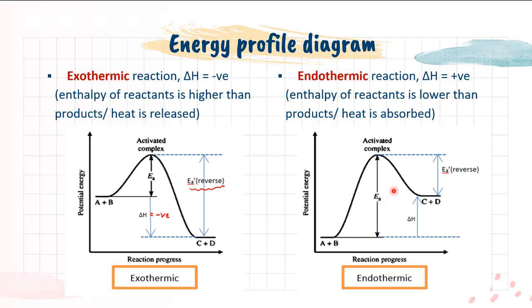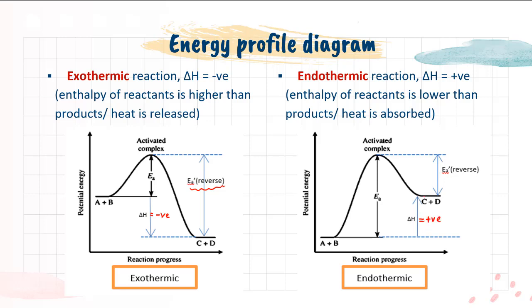Whereas from the reactants towards the product is our delta H. Energy is absorbed because it increases in energy. So this delta H, in the direction from reactants towards product, will have a positive value because it is going upwards.